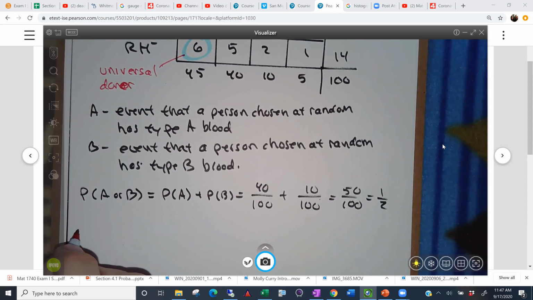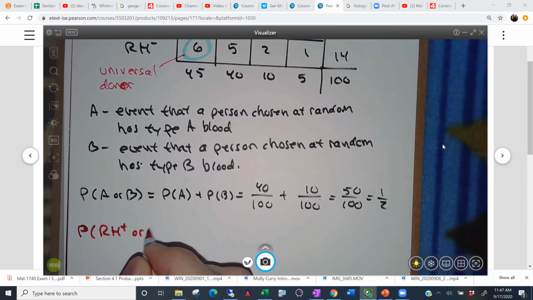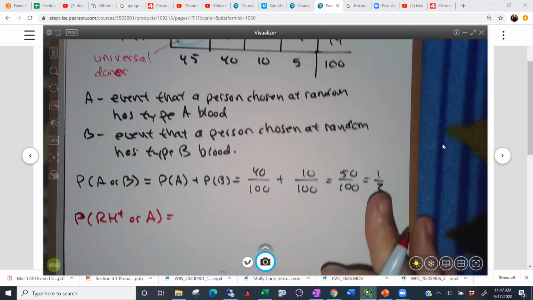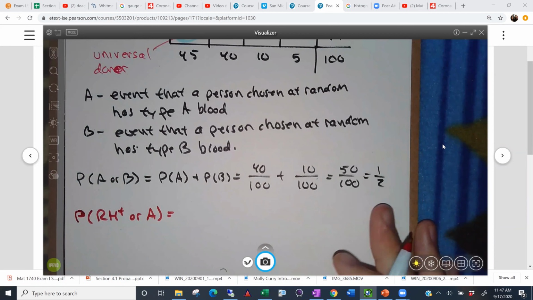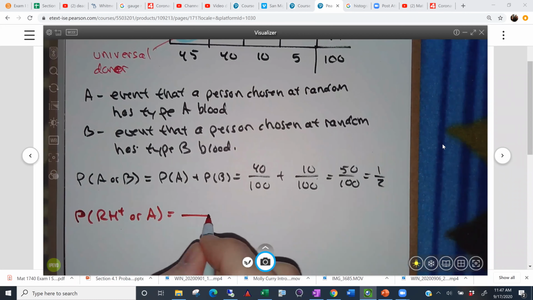But let's do another one where I find the probability that somebody has Rh positive blood or type A blood. And if we do this one, something different is going to happen. And something that I hope grabs your attention.